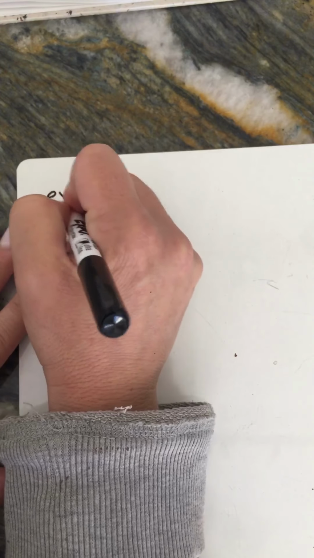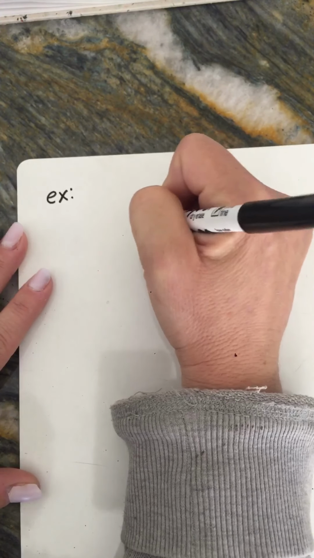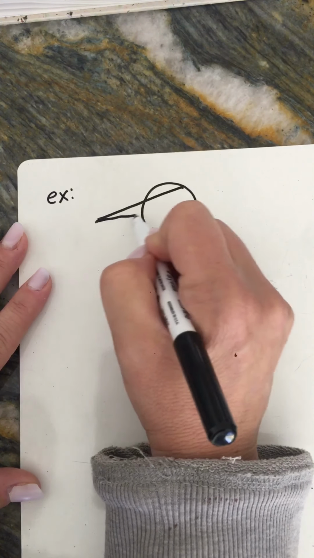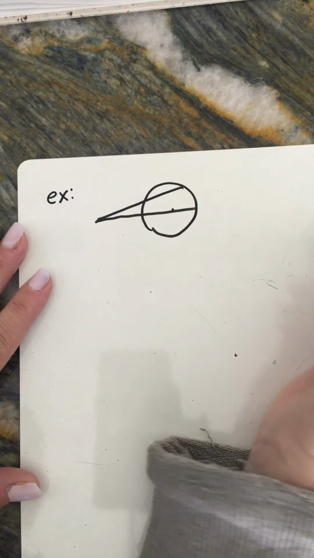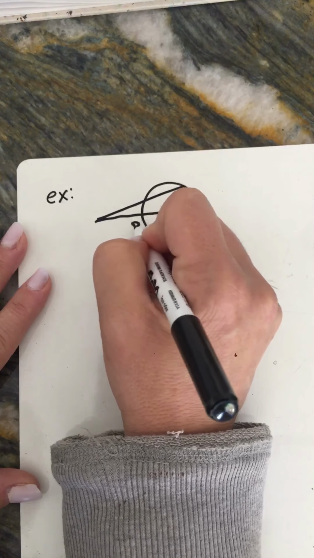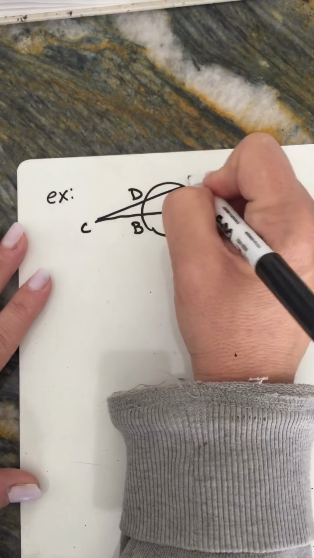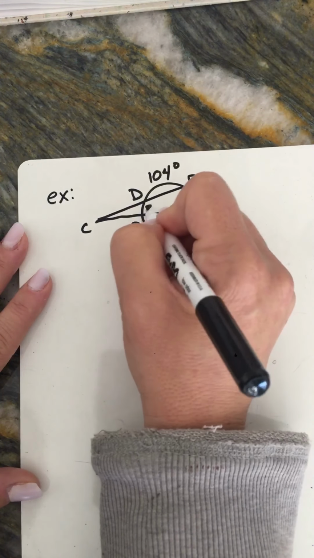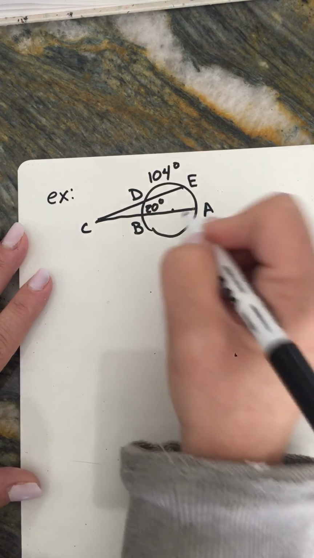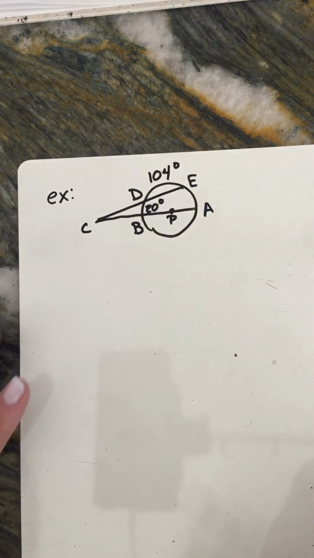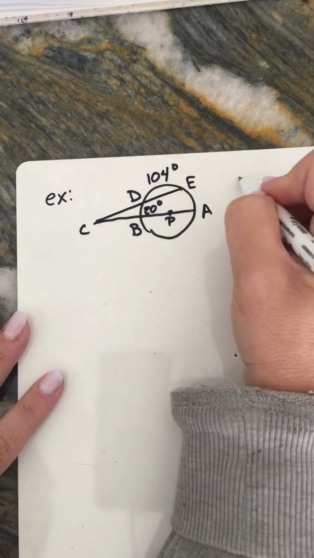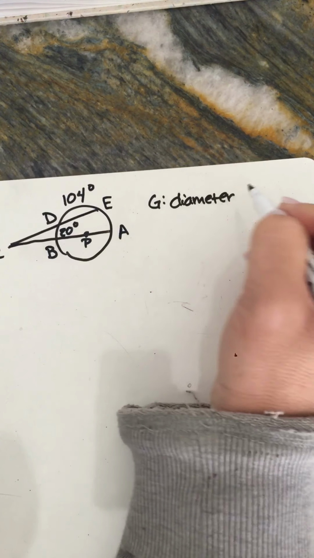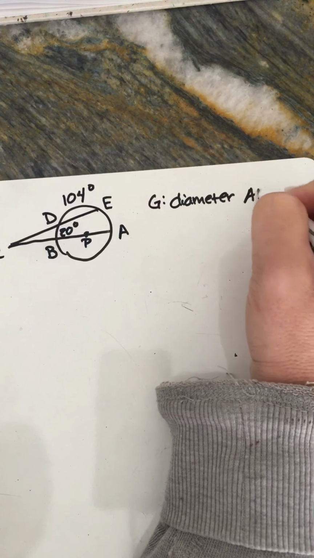Let's do an example. Here is our circle, and let's say we have a secant, and this is A, B, C, D, E, and this is 104 degrees, this is 20 degrees, and it's called circle P. So you are given a diameter AB.